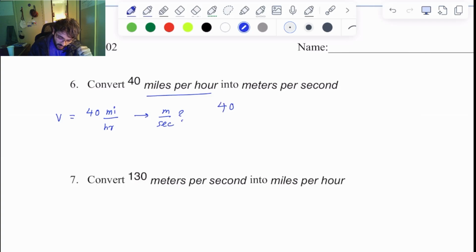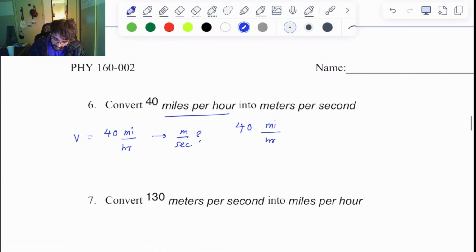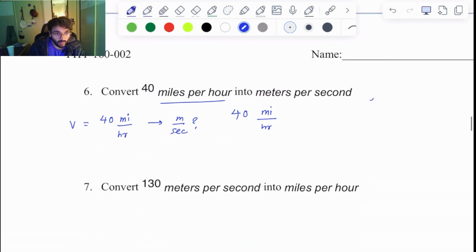So 40 miles per hour. 1 mile is equal to 1609 meters, and 1 hour is equal to 3600 seconds.